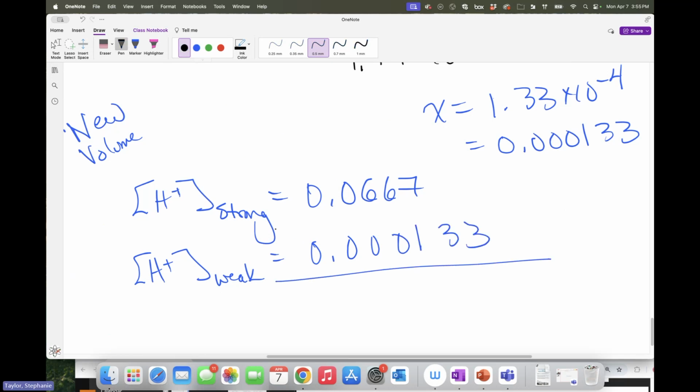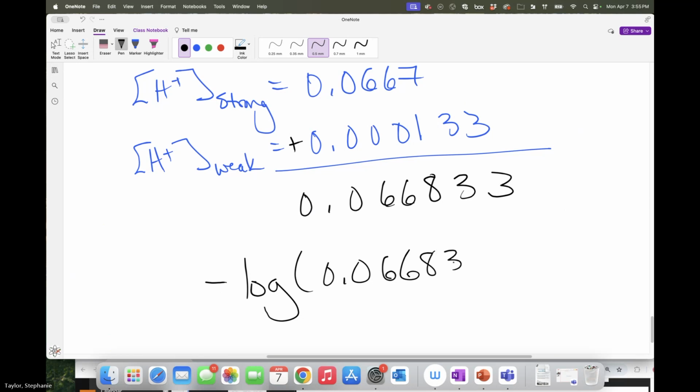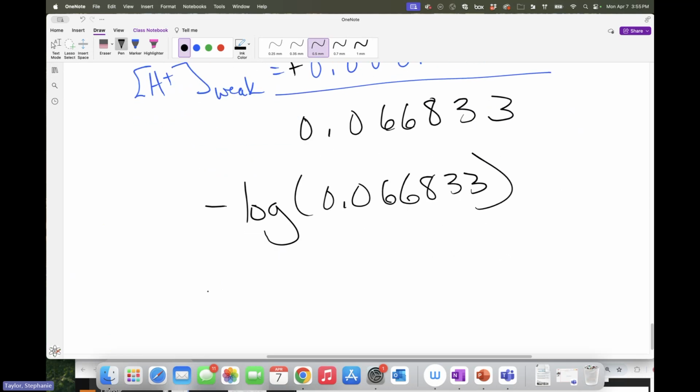And I'm going to just add those together. 0.066833. And now I'm going to take the negative log of that. 0.066833, log. I get a pH equal to 1.18.